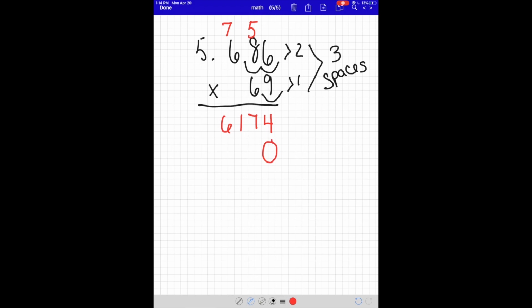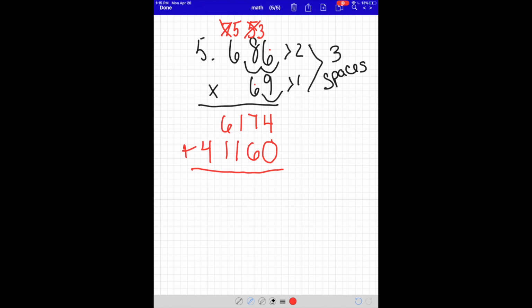Put your 0, start again. 6 times 6 is 36. I'm going to cross this out. I'm going to put a 3 in its place. 6 times 8 is 48, plus 3 is 51. And then 6 times 6 is 36, plus 5 is 41.